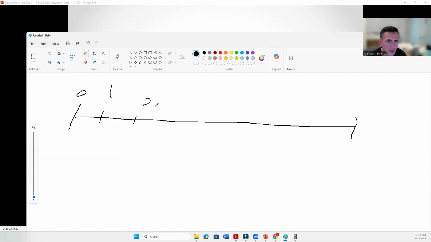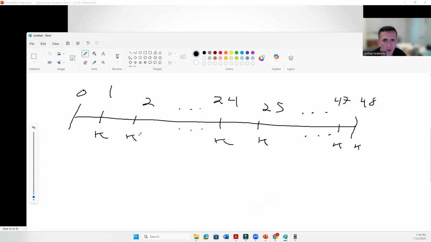Constant payments, but I do have an interest rate change at 2 years, which is 24 months. So this is 2 full years, monthly payments. These are K at the end of each month.